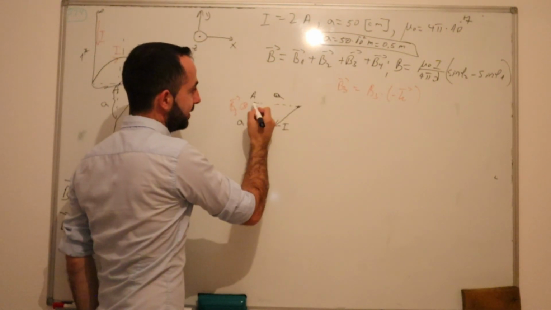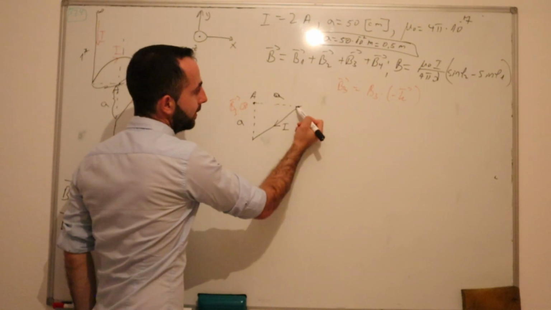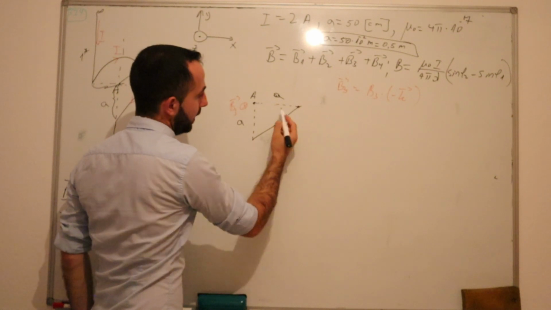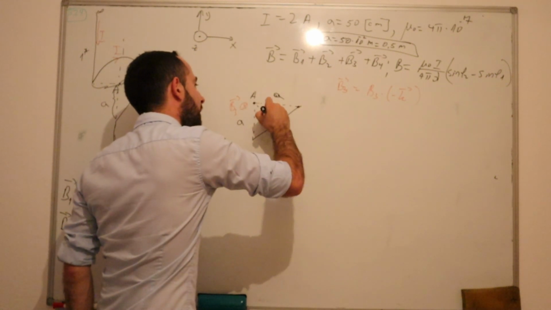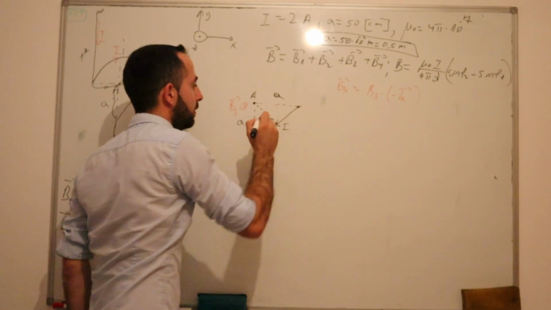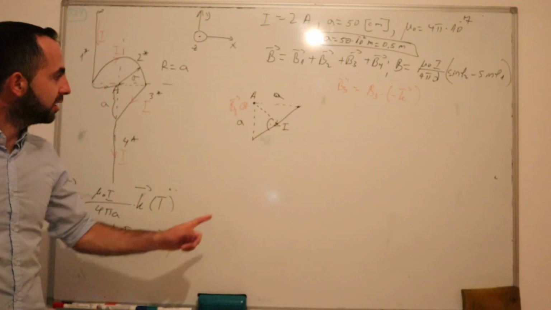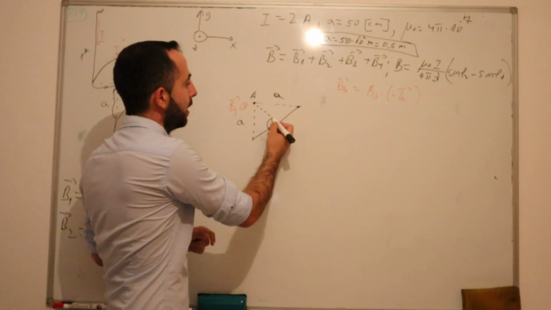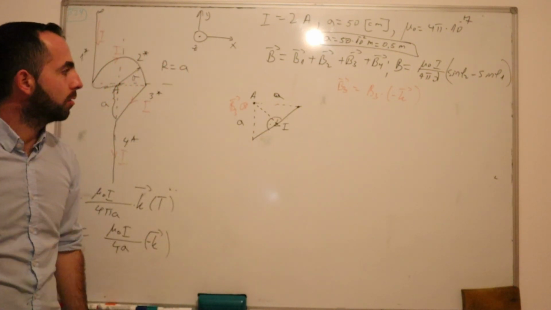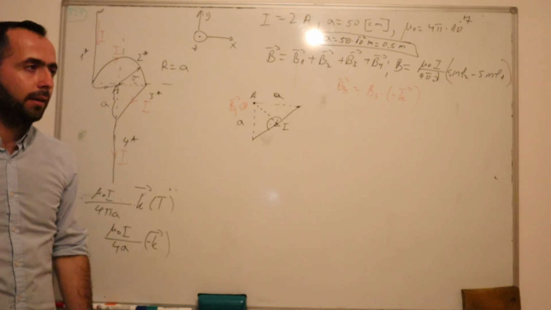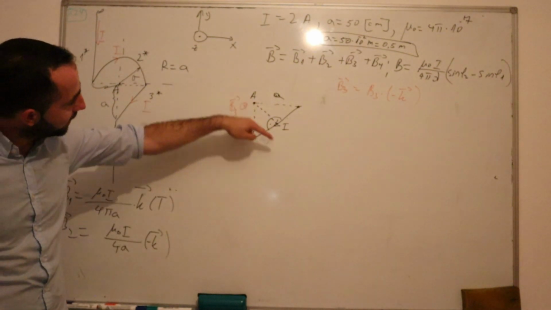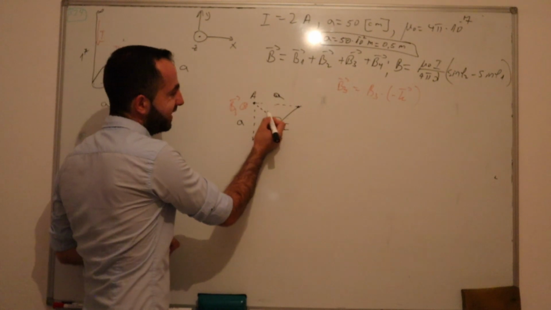So this is not the distance from here. Why? Because it is not normal to this conductor. In order to be normal to this conductor, we must draw it this way. So it is normal here, it is normal here. It is an angle of 90 degrees. And now when we did that, this is our d distance.